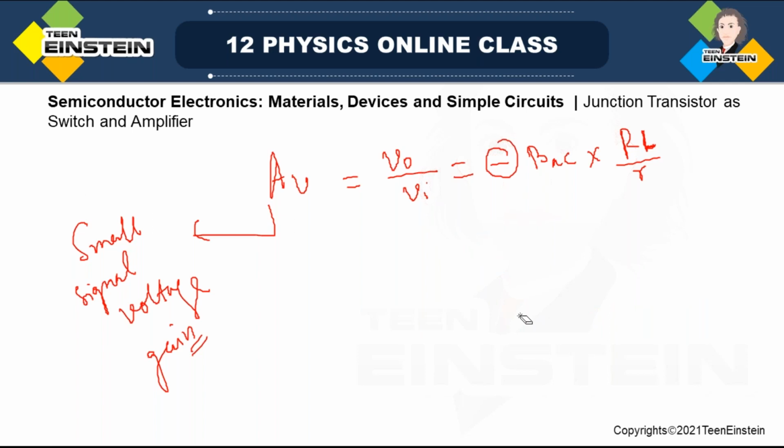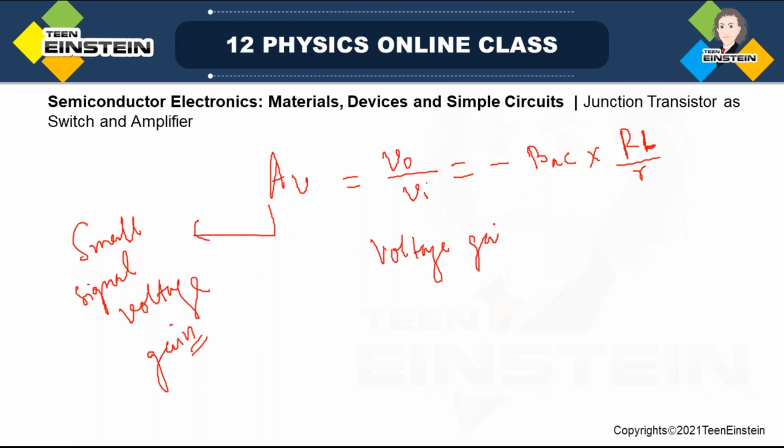So here we have got the voltage gain for the amplifier. We get minus beta AC into RL by small r. This negative sign indicates that the input and output signals are 180 degrees out of phase.